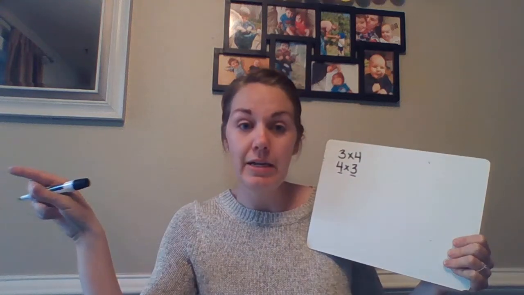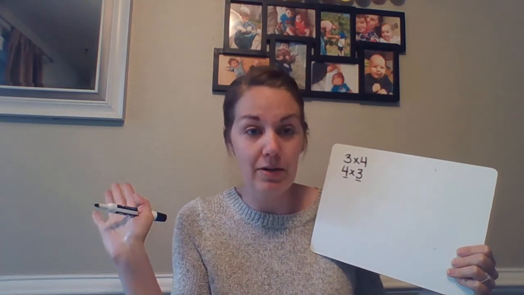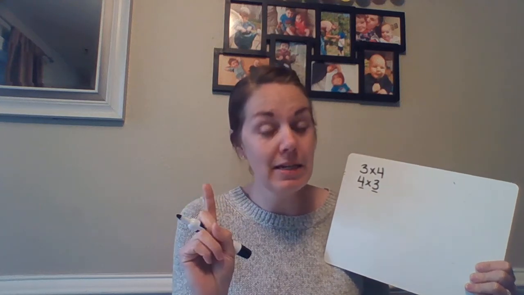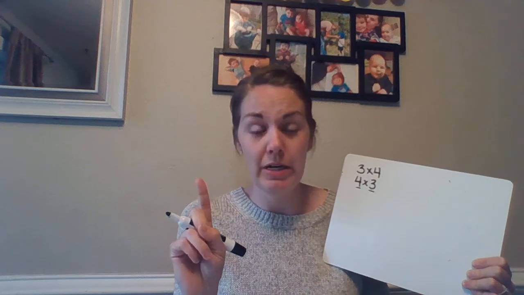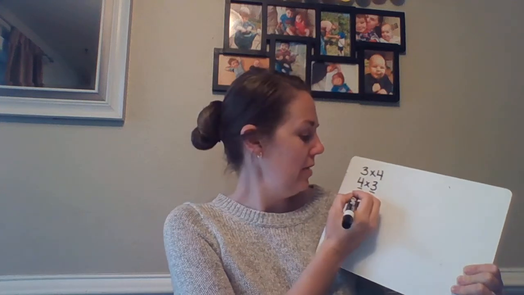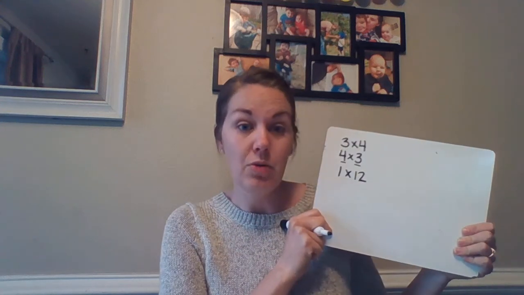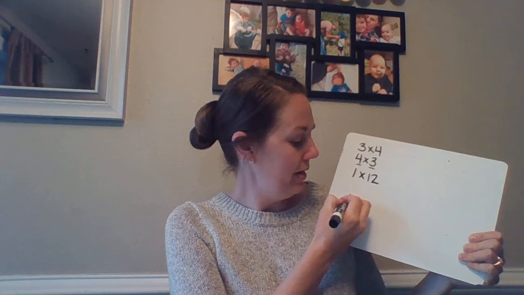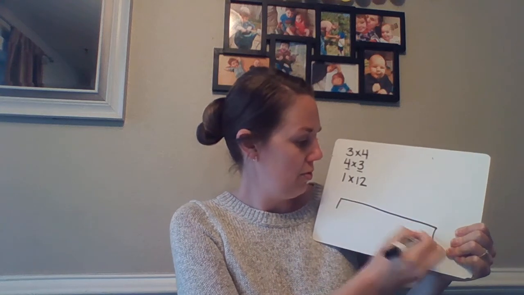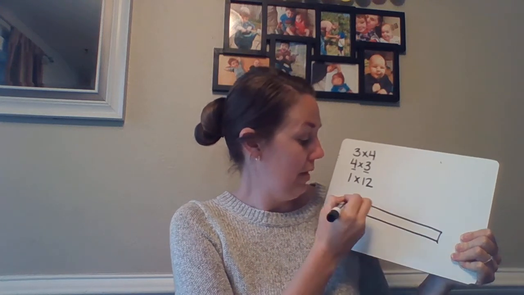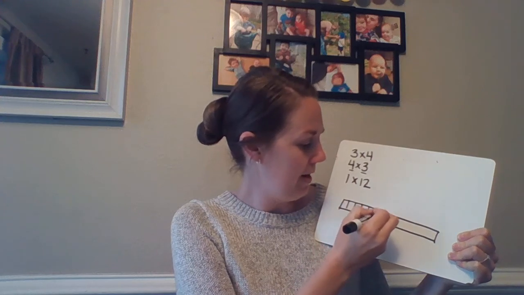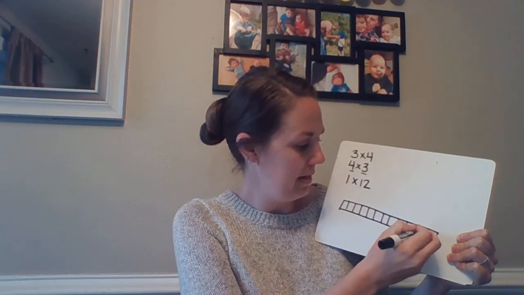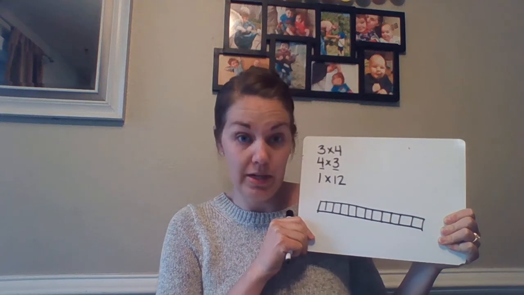So I'm going to start with 1 and continue on until I get to 12 and see if there's any other pairs in there. We know with multiplication that there's also the identity property that says any number times 1 is itself. So I could have 1 times 12 to still equal 12. That would be 1 row with 1, 2, 3, 4, 5, 6, 7, 8, 9, 10, 11, 12 squares in it.